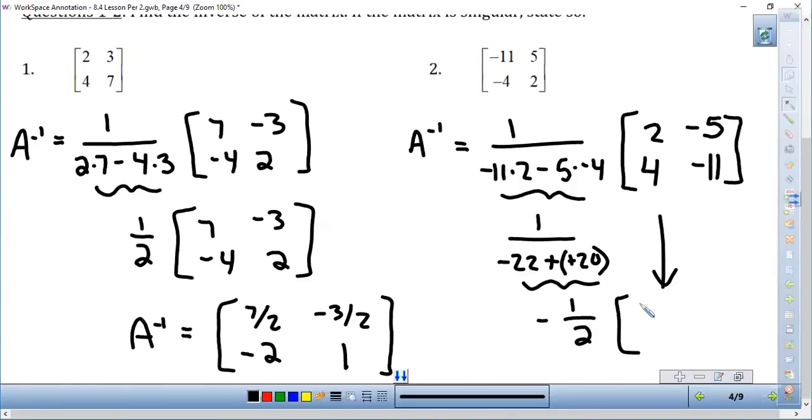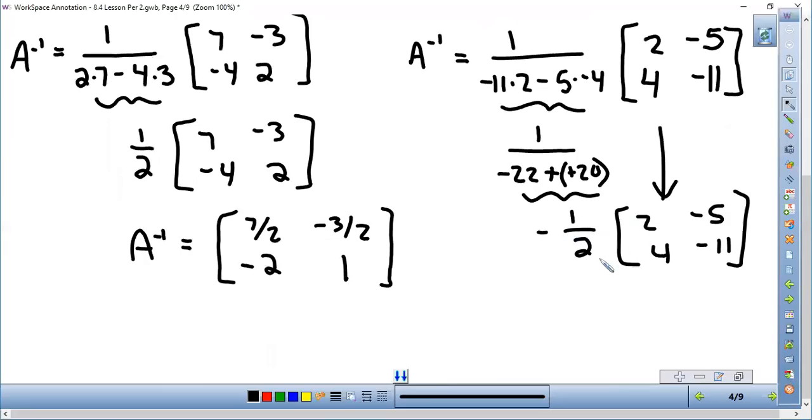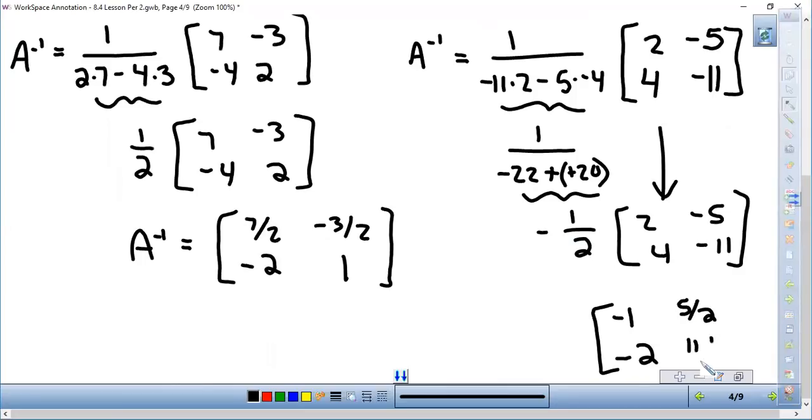We'll go ahead and bring this down, and we'll multiply the -1/2 through to the inside elements. So that's going to end up being -1, +5/2, -2, and +11/2. So that will be the inverse for the second one.